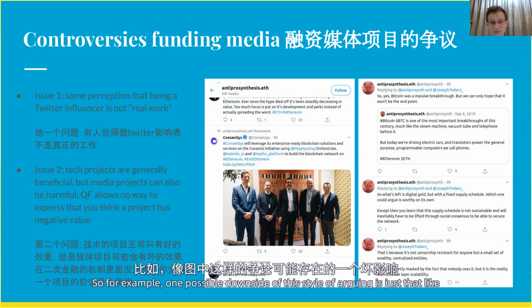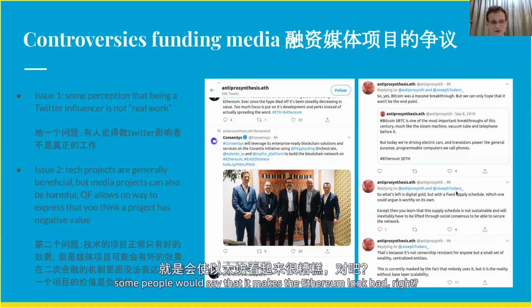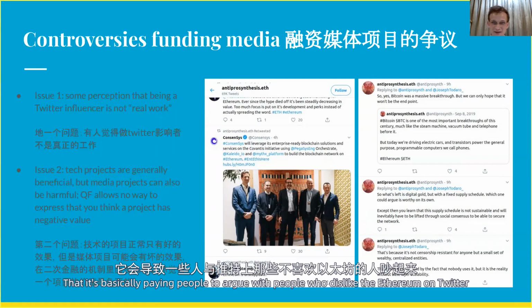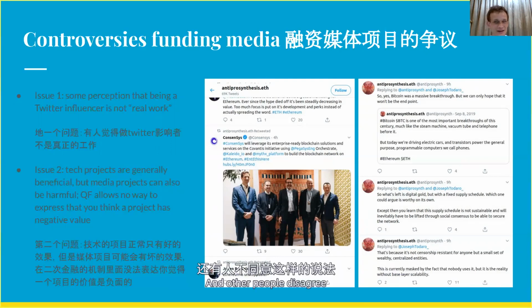For example, one possible downside of this style of arguing is that some people would say that it makes Ethereum look bad, that it's basically paying people to argue with people who dislike Ethereum on Twitter, and other people disagree.